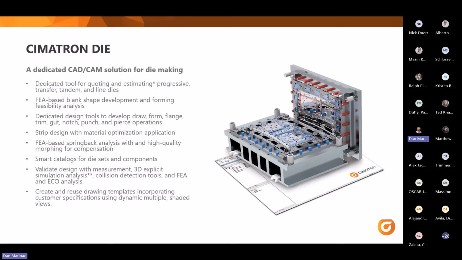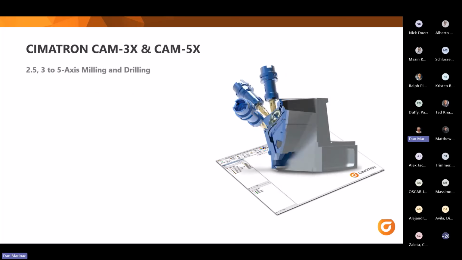Create and reuse drawing templates incorporating customer specifications using dynamic multiple shaded views. A couple of these modules, Cimatron Die Estimator and Altair's Inspire Form, are third-party packages and part of the Cimatron process.